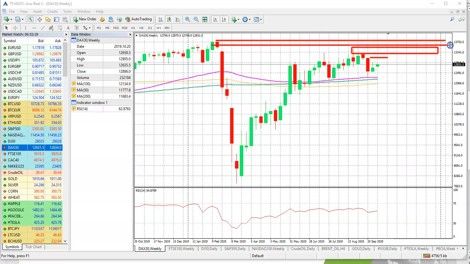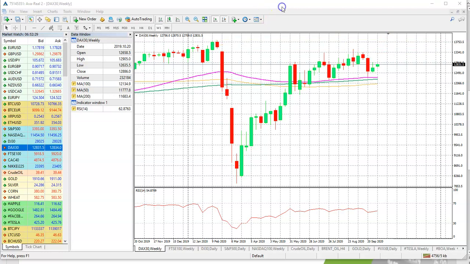So basically, the upward move for the DAX index is likely to be faced with a lot of challenges, as you can see in the chart. That means the bulls really need a lot of momentum behind that.